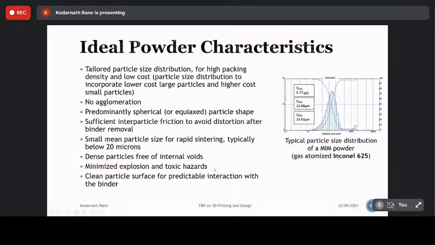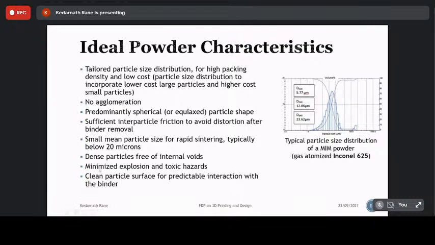No internal voids, and minimum exposure to explosion and toxic hazard. Again, when it comes to powder manufacturing, if you remember, manufacturing of aluminum or magnesium powders and handling them is very dangerous, because as you go smaller and smaller, the activation energy for explosion is very low.